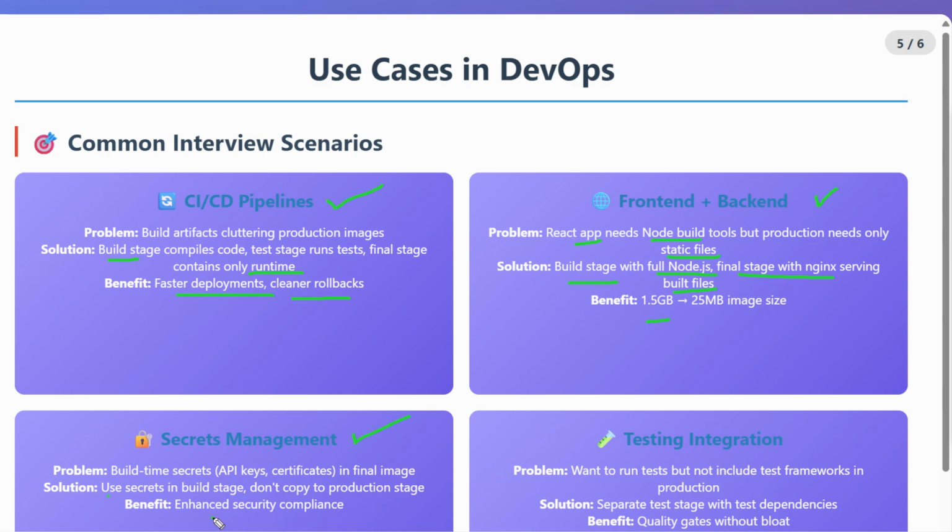So here security compliance will be enhanced. And coming to testing integration, the problem was we wanted to run tests but not include test frameworks in production. In that case, we separate a test stage with test dependencies, and here the quality gates are kept without bloated images.